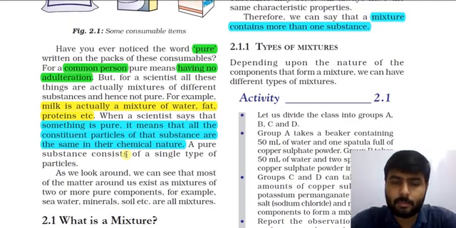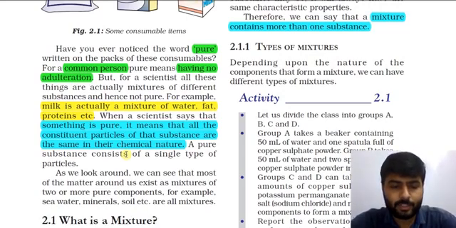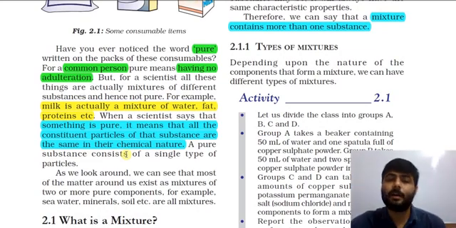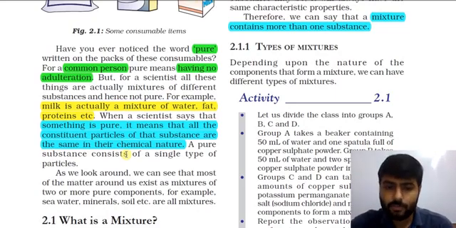So that is a mixture for a scientist. For example, milk is actually a mixture of water, fat, proteins, etc.